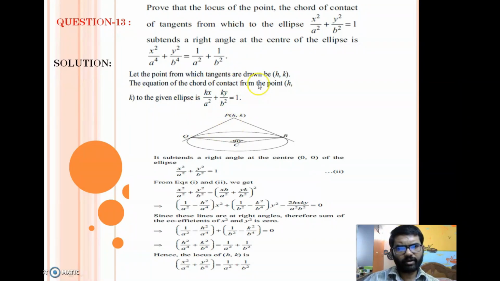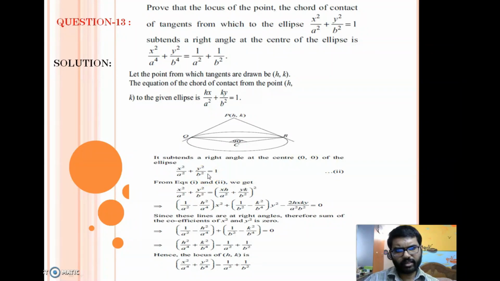Then the equation of the chord of contact from the point h comma k is what? h x1 by a square plus k y1 by b square is equal to 1. It subtends a right angle at the center 0 comma 0 of the ellipse.